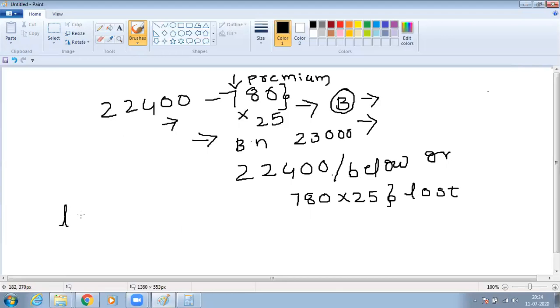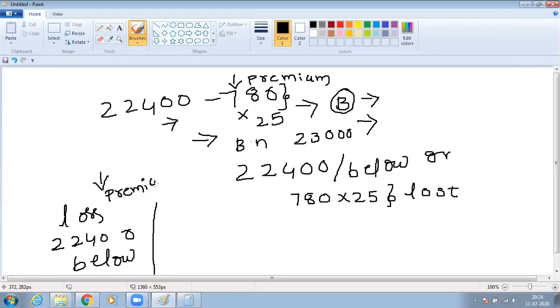So if you see here, loss. As long as the bank nifty is at 22,400 or below, you will lose the entire premium which you paid.